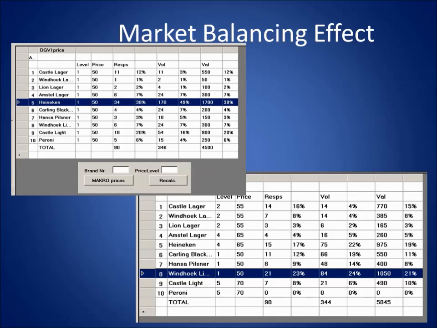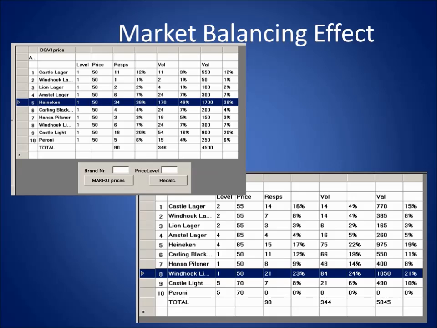In the previous presentations, it sounded as if Heineken and Castle Light are very competitive. Well, at parity prices, at 38% of the users being Heineken and 20% being Castle Light, yes, those are the two brand leaders in the sample.